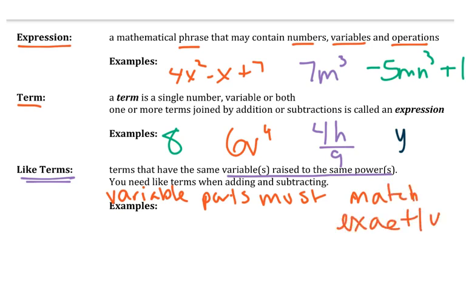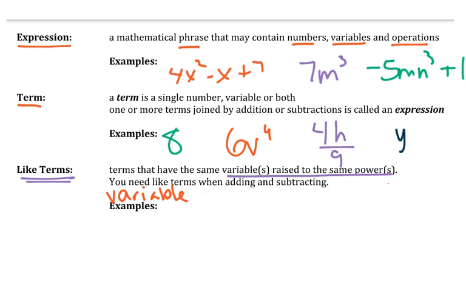Okay, so if the variable parts match exactly, then you are talking about like terms. But if the variable parts have any difference, like m to the third or m to the second, then they don't match exactly, and so they would not be like terms. We have to know about like terms because if we're adding or subtracting terms, they have to be like terms in order to add or subtract. Now for multiplying or dividing, we don't have to worry about like terms.